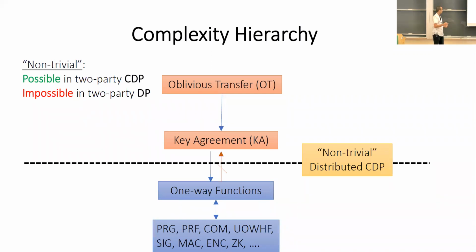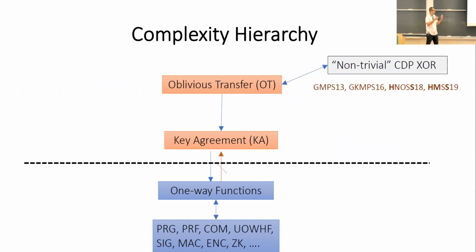We know that we can do it from OT by secure multi-party computation. And we also know that if the non-trivial accuracy is achieved for a noticeable part of the input, it also implies one-way functions. So now the goal is to understand what exactly is the place of this box.